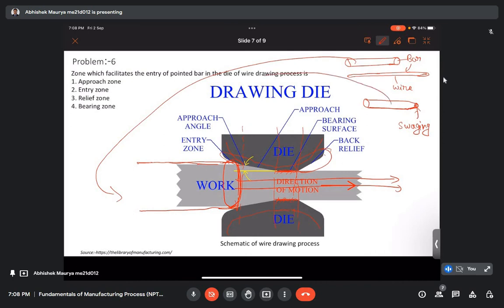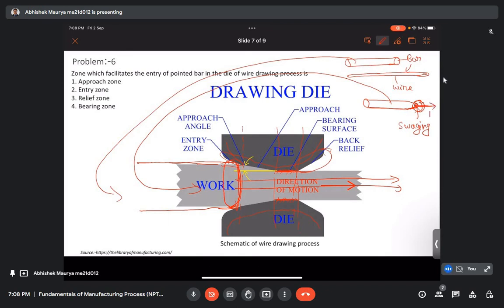Now if we try to insert this bar in this die, it will easily get into the die and it will not get stuck anywhere, and it will not hit the die, and we can easily pull it from this pointed end.